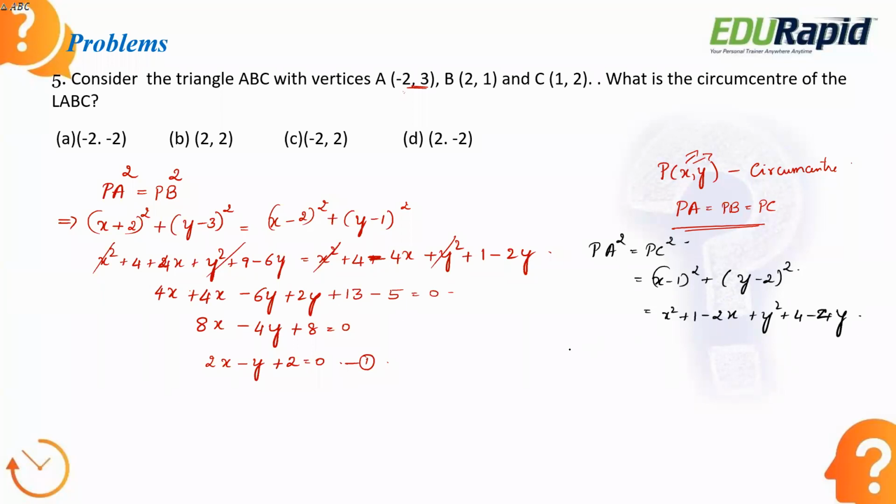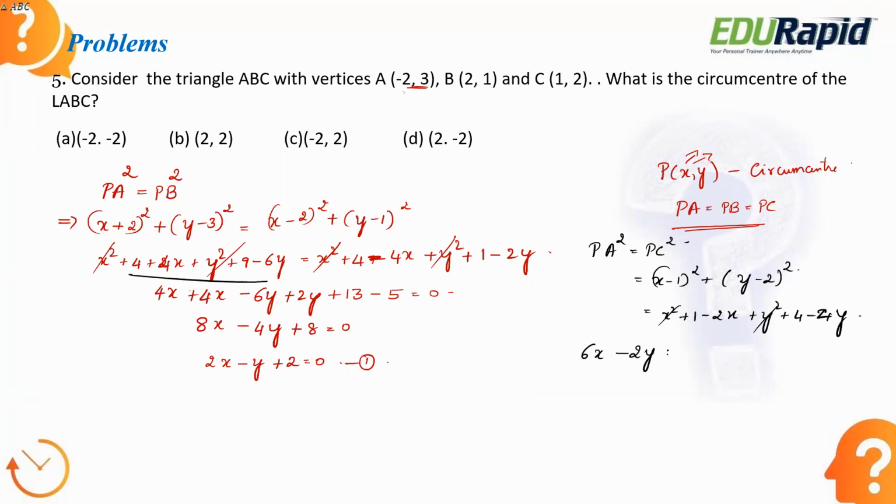Getting all the terms together, x squares and y squares will get cancelled as always. And what will be left out here? The left out terms would be 4x, and this comes to the other side. So 6x, and you have minus 6y. When this comes, it becomes plus. So you will get minus 2y, and you have 13 here.